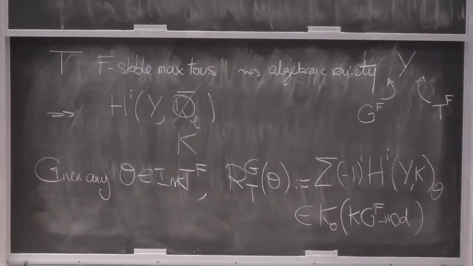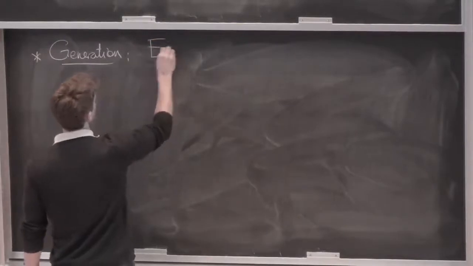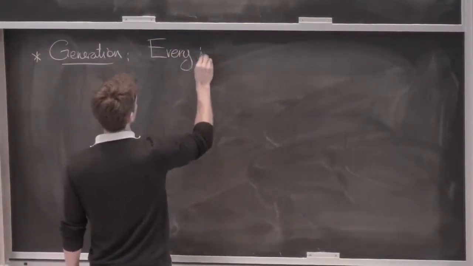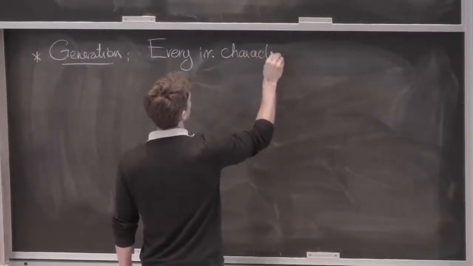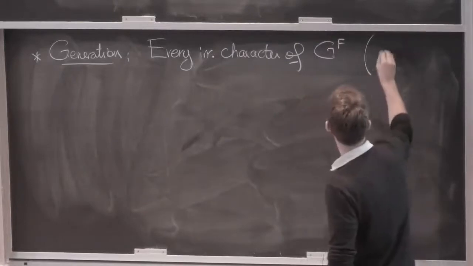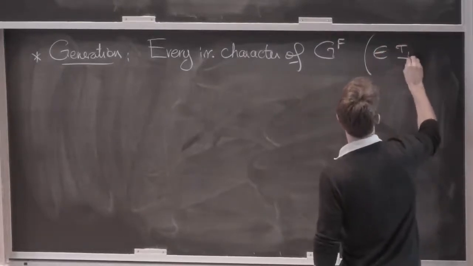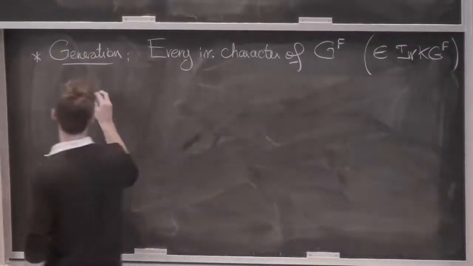We call this generation, I'm not sure that's the correct word. By this I mean that every irreducible character of G^F, so really a complex character, occurs in some R_T^G of theta.